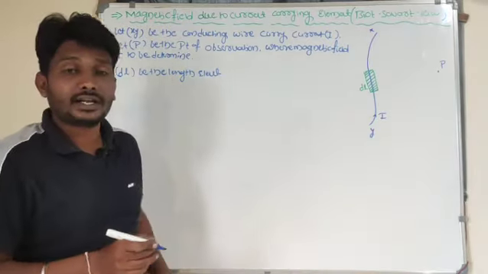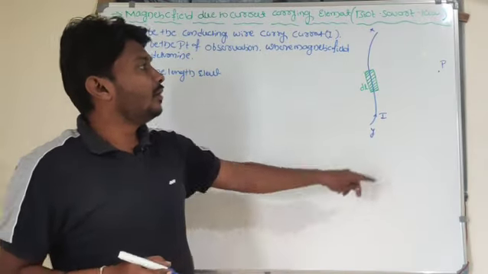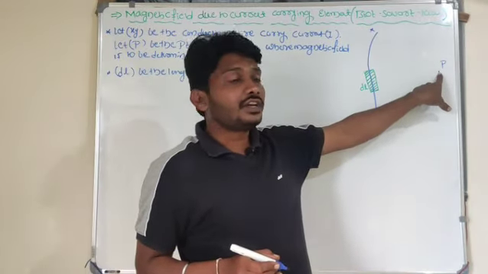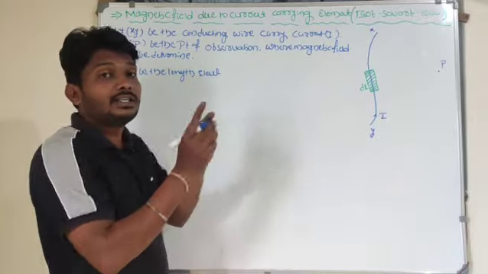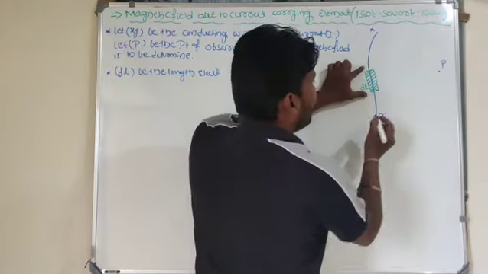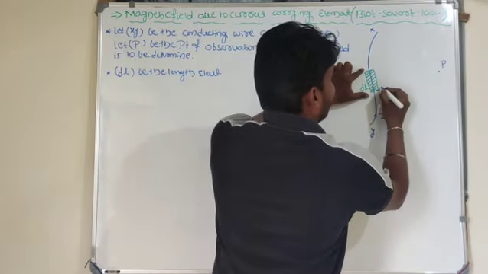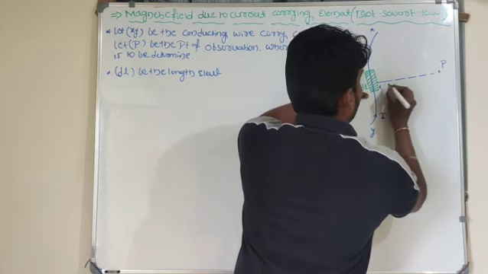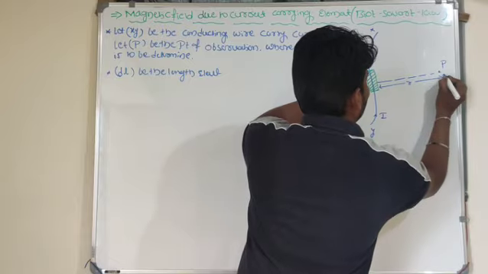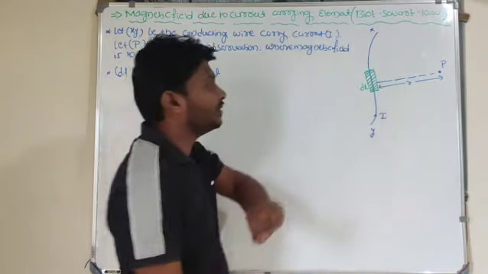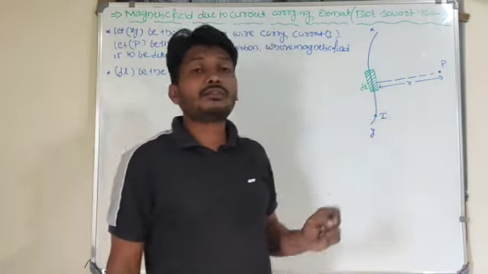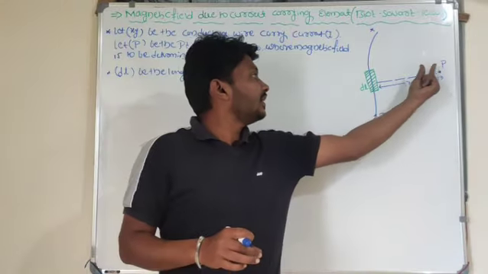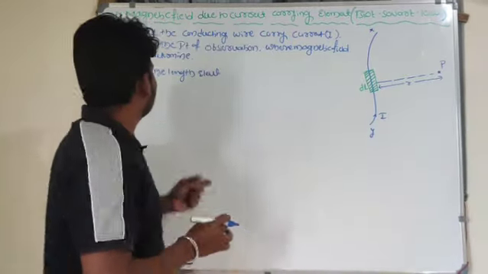This point of observation is at a certain distance from this length element. For example, the distance between the length element and the point of observation, I will take it as R here. Distance between the length element and the point of observation is R.